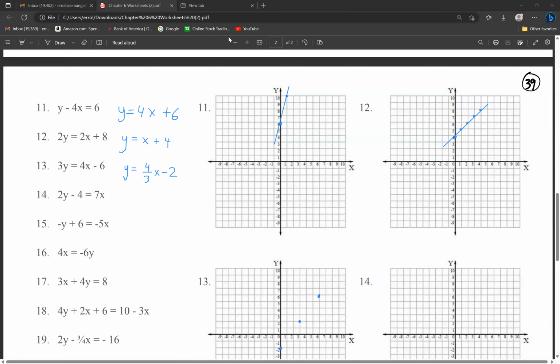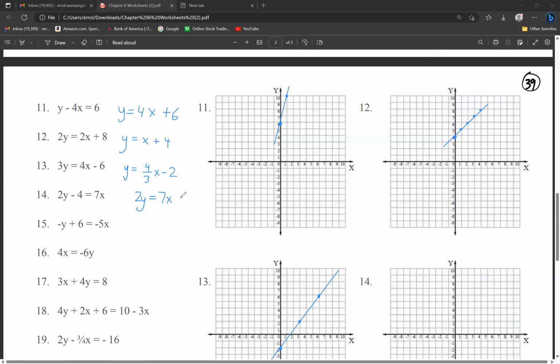All right, so we're going to draw that line right there. Okay. All right, 14, what are we going to do? What's 14 in the right form? So solve that for y. Let's start with 2y. 2y equals what? 7x plus 4 or minus 4?